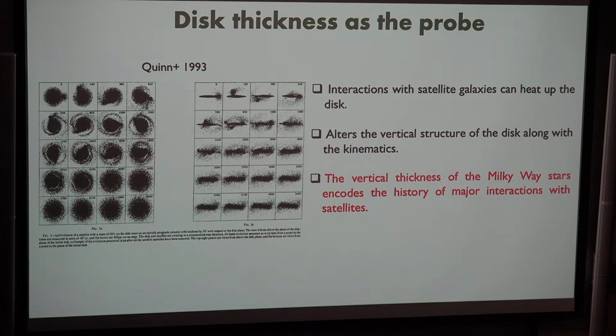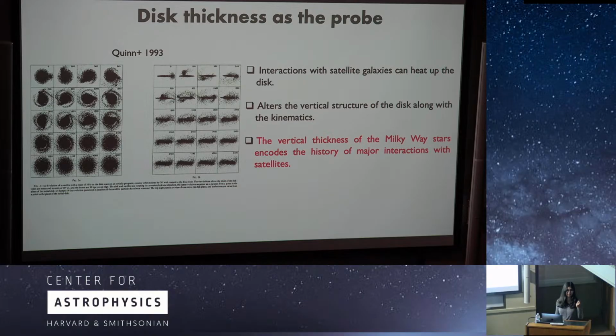So if we can trace the vertical thickness of the stars as a function of the age of stars, we can potentially identify the number as well as the intensity of these past interactions the Milky Way has had with other satellite galaxies. Basically, we can use the vertical thickness of Milky Way stars as a probe to reconstruct the merger history of the Milky Way.